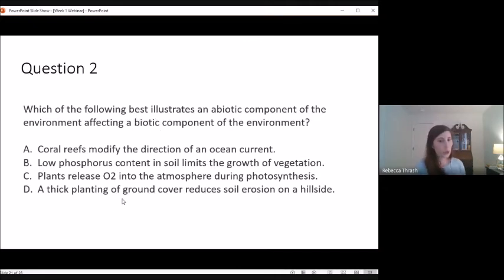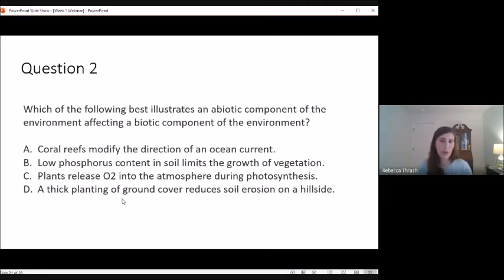So A, coral reefs modify the direction of an ocean current. B, low phosphorus content in soil limits the growth of vegetation. C, plants release O2 into the atmosphere during photosynthesis. D, a thick planting of ground cover reduces soil erosion on a hillside.